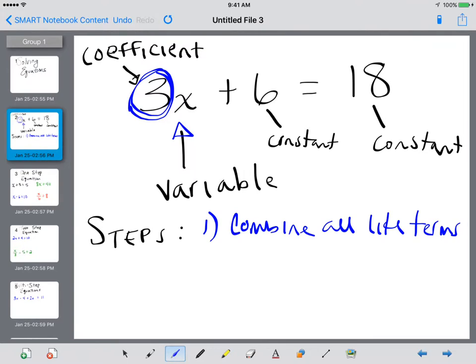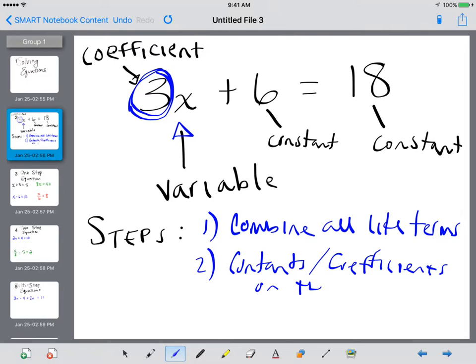Okay, so for example, we need to get our constants and our coefficients on the same side. In order to get our variable by itself, the whole goal is to get this little x by itself, all the numbers on the right side, to solve our equation.